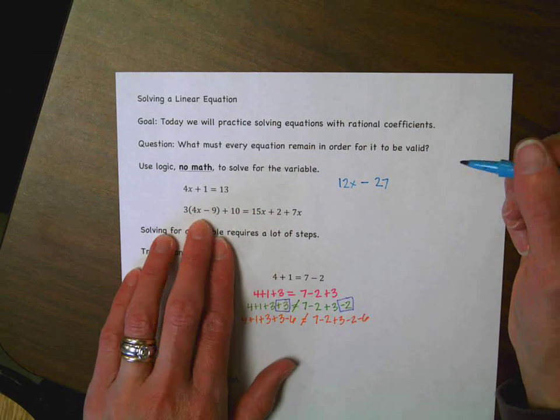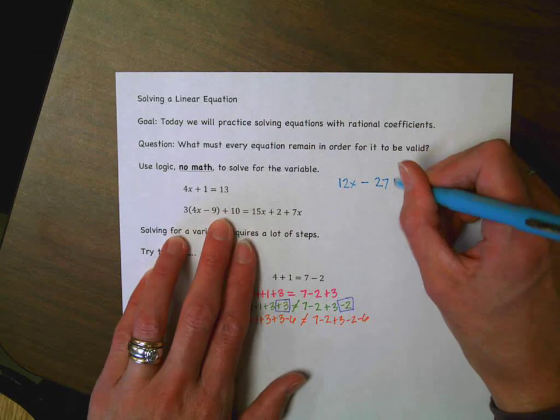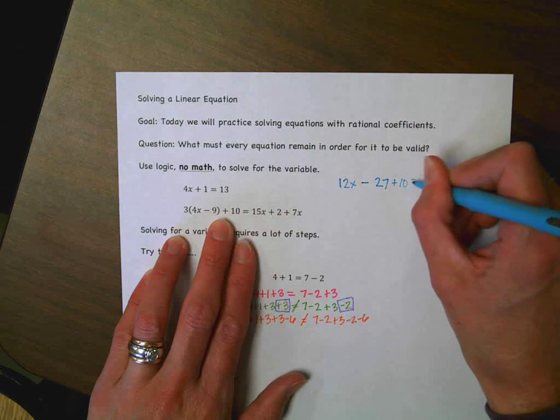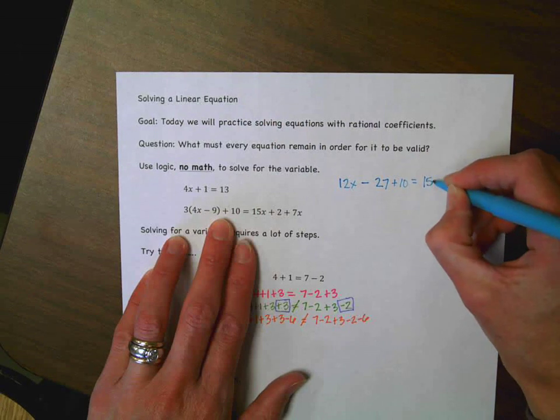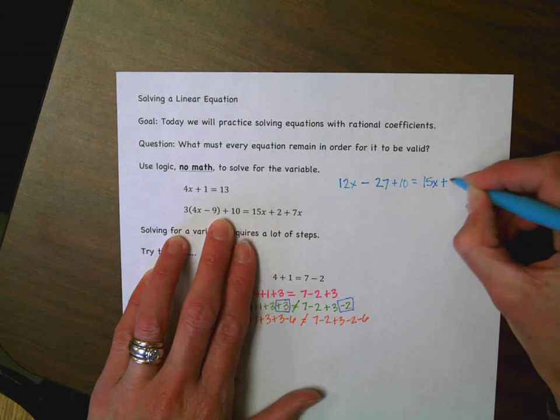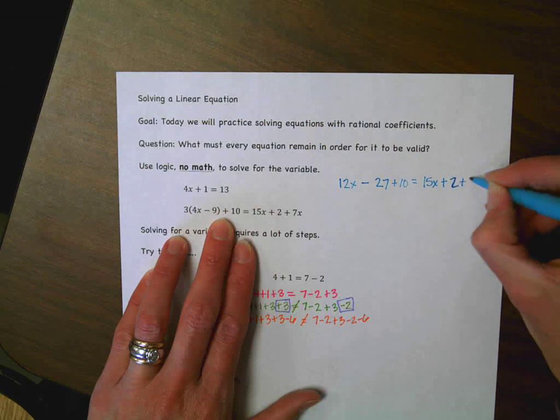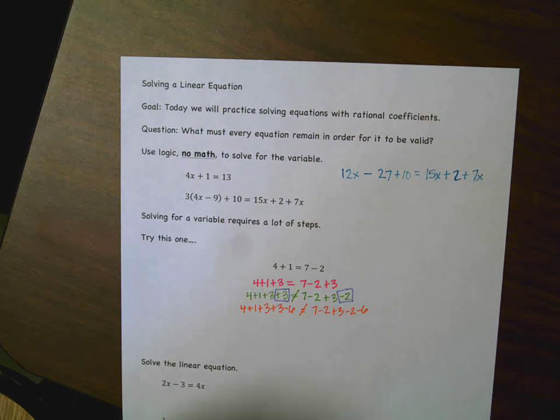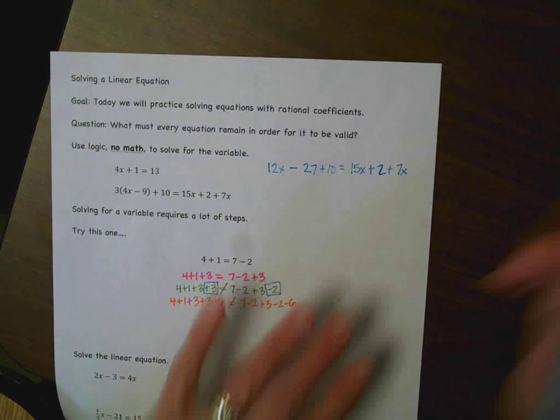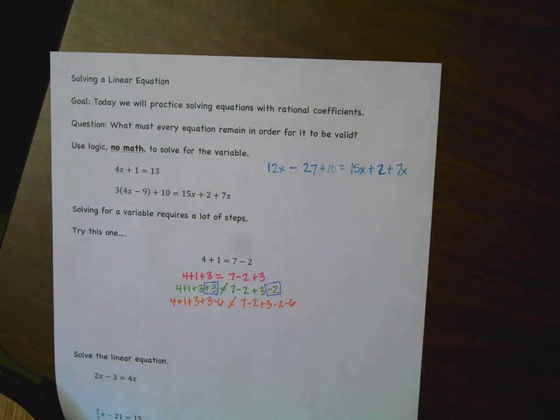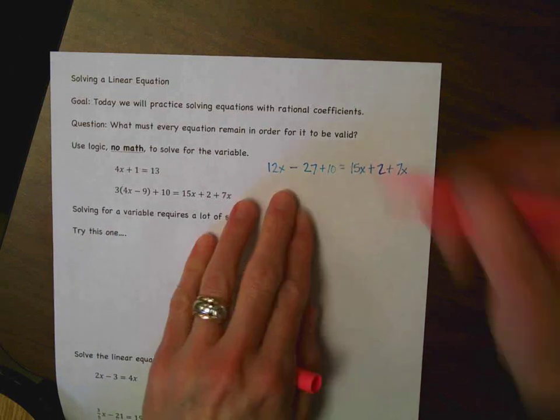So now this little section right here has become 12x minus 27 plus 10, all equal to 15x plus 2 plus 7x. Okay? And so now, the next step that I've taught you in the past is you need to combine like terms.